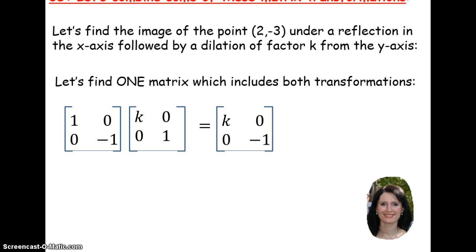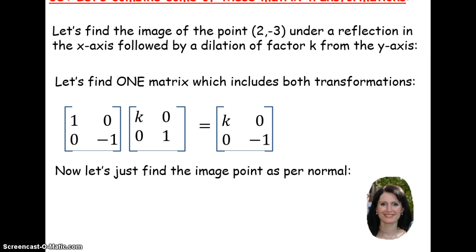Row by column, 1 times k and 0 times 0 is k. 0 times 0 is 0, plus negative 1 times 1 is negative 1. We use that to just find the image point as per normal.